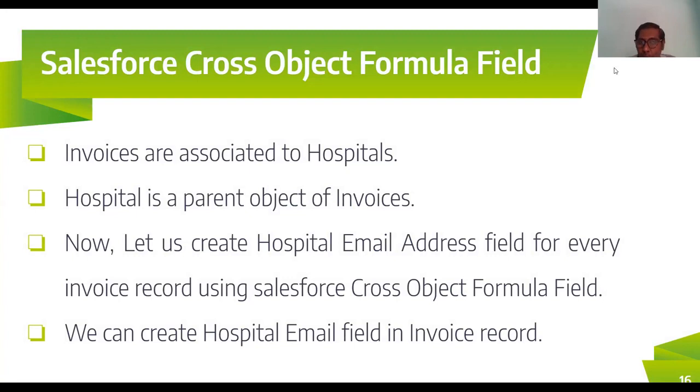Hospital is the parent object of invoice, whereas invoice is the child object. Now we are going to create a hospital email address field for every invoice record using the Salesforce cross-object formula field. We can create a hospital email field in the invoice record.